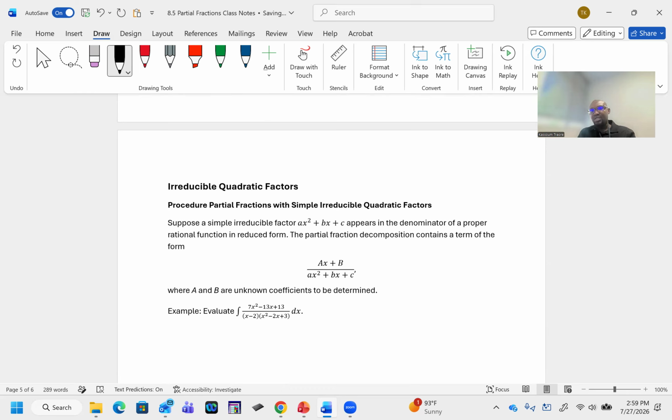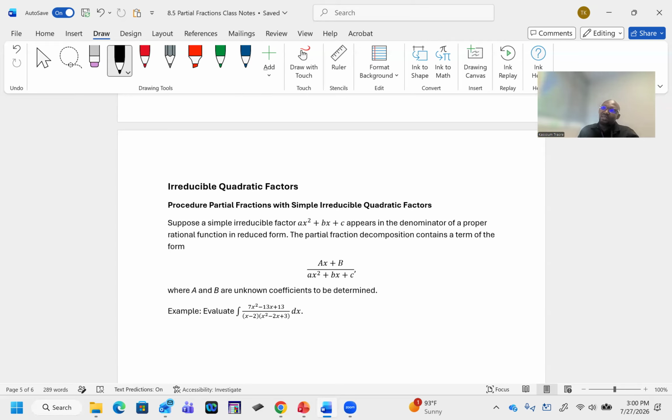Suppose a simple irreducible factor ax squared plus bx plus c appears in the denominator of a proper rational fraction in reduced form. The partial fraction decomposition contains a term of the form ax plus b divided by ax squared plus bx plus c, where a, b are unknown coefficients to be determined.